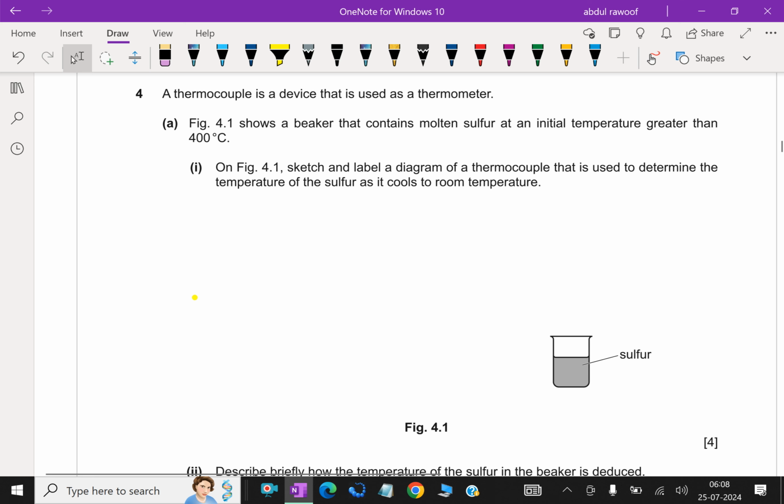Suppose here a box with some ice, an ice cube.